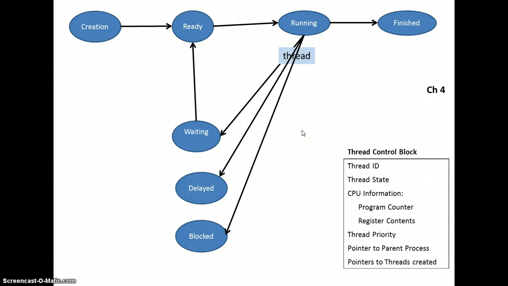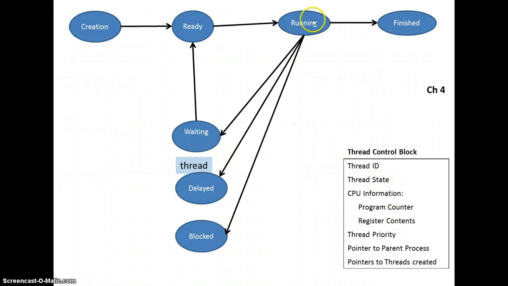But if a thread, for some reason, needs to be stopped, whether it's being delayed, or it's blocked, or it's waiting for I/O or something like that, it goes to the appropriate state, which means it gets on the appropriate queue. The thread control block is updated with its current state.